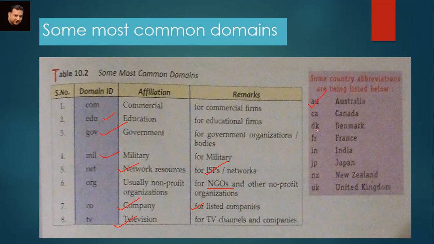CA for Canada, DK for Denmark, FR for France, IN for India, JP Japan, NZ New Zealand, UK United Kingdom. For example, we are using Zoom, whose website contains .us, www.zoom.us. It means it is from United States.